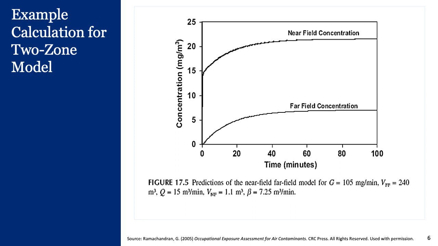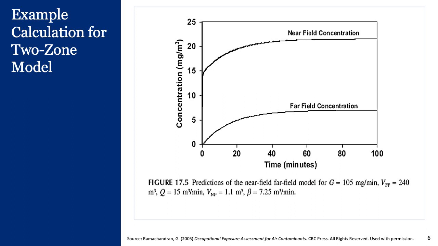Now, if we plug these values into the equations for the near field and far field, we'll get these two time trends. And you can see that in the far field, the concentration at steady state is just G divided by Q. So 105 divided by 15, or 7 milligrams per cubic meter. And in the near field, the concentration at steady state is G over Q, so that's 105 divided by 15, plus G over beta, so 105 divided by 7.25.